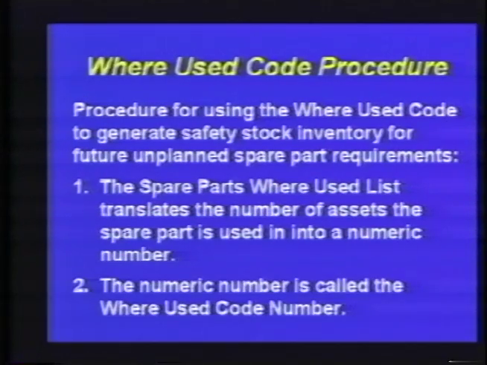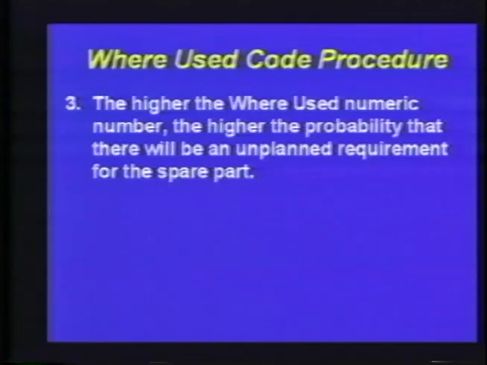That was the where used code on the bottom of that exhibit. The second step is called the where used code number. It is a numeric number. Third, the higher the where used numeric number, the higher the probability that there's going to be an unplanned requirement.